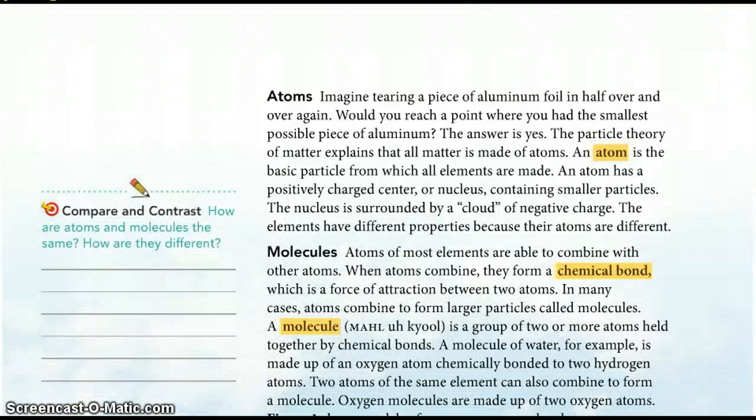Now, when you go to the next page, we get even smaller, in that each one of those elements is basically made up of atoms. We're going to talk about three major parts of an atom: a proton, a neutron, and an electron.